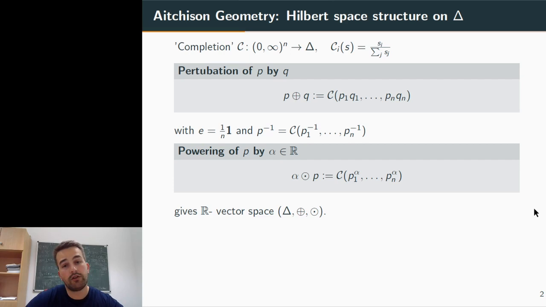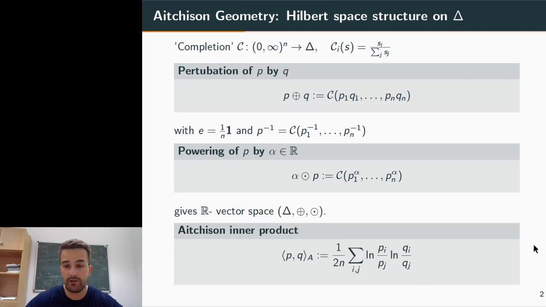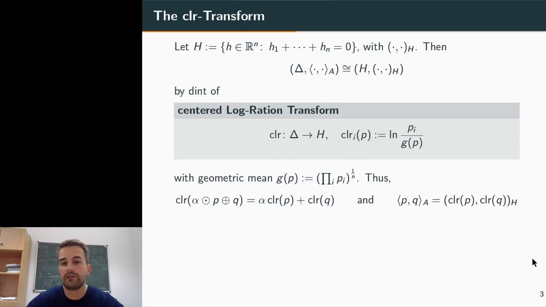The punchline is now that on this vector space, we can even further introduce an inner product, the Aitchison inner product, which looks like the following. And then what you end up with is an n-1 dimensional Hilbert space. So one way to see why that is actually true is to find an appropriate Hilbert space isomorphism.